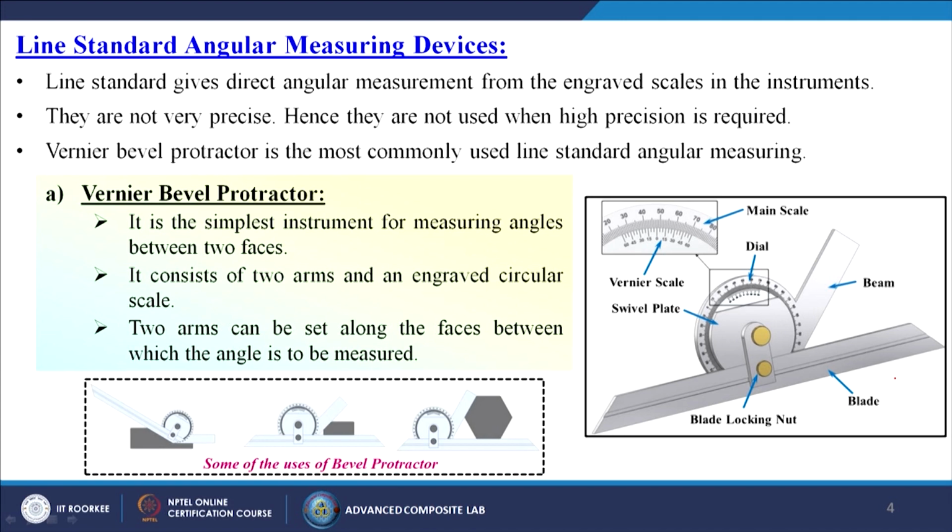First is the line standard angular measuring device. Line standard gives direct angular measurement from the engraved scales in the instrument itself. They are not very precise, hence they are not used when high precision is required. As I told already many times, when I use an instrument to measure something, that instrument should be very precise.